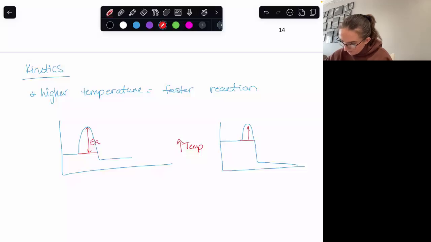So our EA is now smaller. So, right, if we are increasing temperature, our rate of reaction is faster because we don't have as big of an energy gap that we need to get over. Okay, so higher temperature is faster reaction.